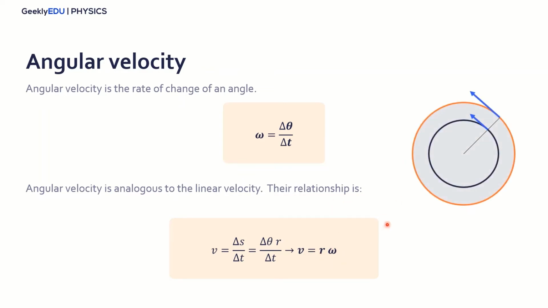Something interesting that we notice from this relation is that if you have a disk like this, with a particle here and another one at the edge, we know by this relation that the linear velocity of the particle at the edge of the rotating disk is greater than the inner one, because the radius here is greater.